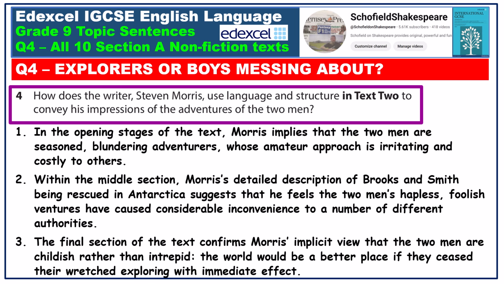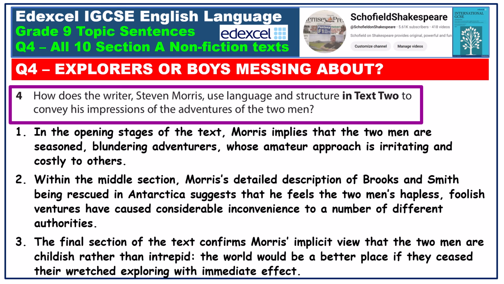Within the middle section, Morris's detailed description of Brooks and Smith being rescued in Antarctica suggests that he feels the two men's hapless, foolish ventures have caused considerable inconvenience to a number of different authorities. 3. The final section of the text confirms Morris's implicit view that the two men are childish rather than intrepid. The world would be a better place if they ceased their wretched exploring with immediate effect.